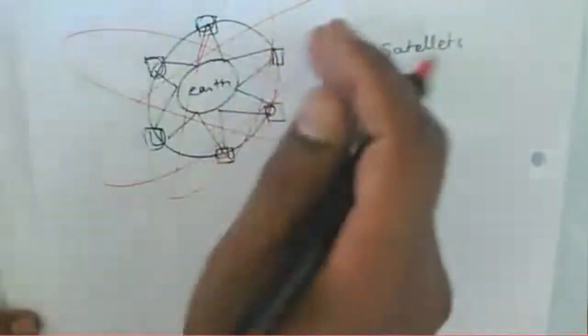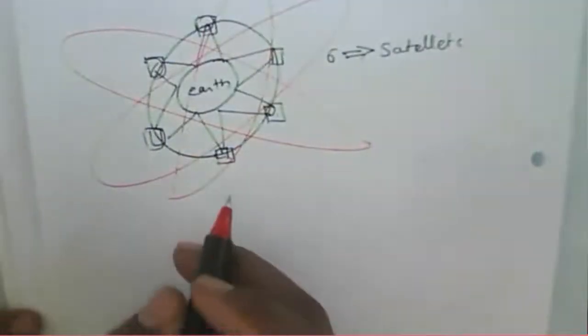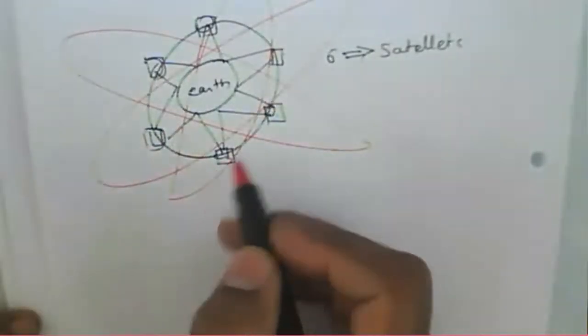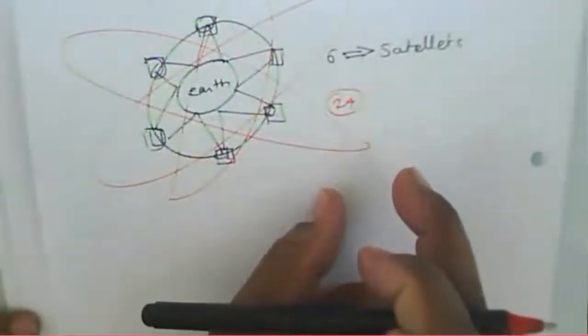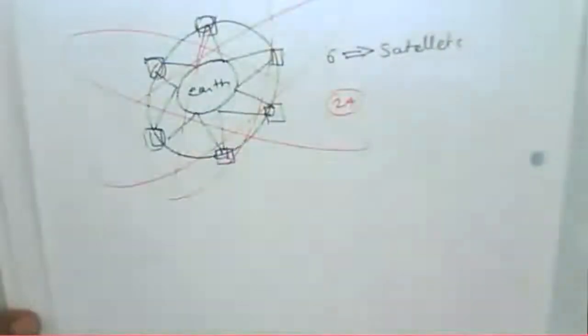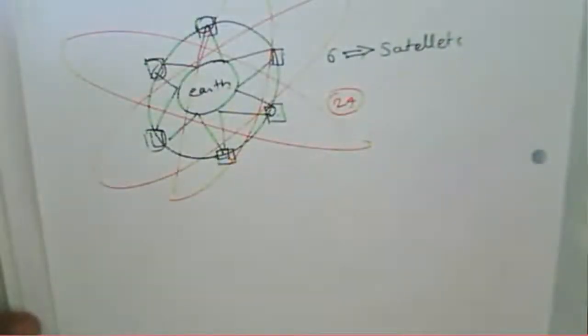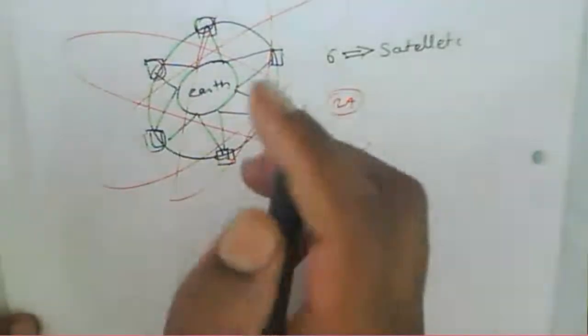Multiple satellites in multiple orbits means in a single orbit maybe 6 satellites, in another orbit 6 satellites, and so on. If we consider 4 orbits, then 4 times 6 means we require 24 satellites to cover the Earth. This is the example.